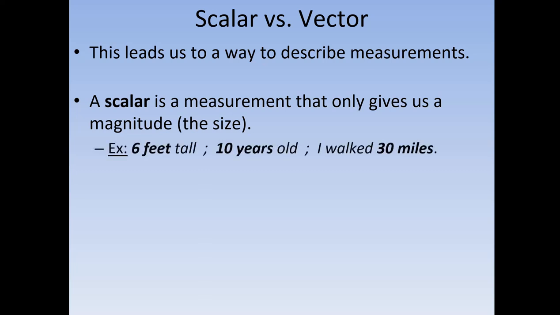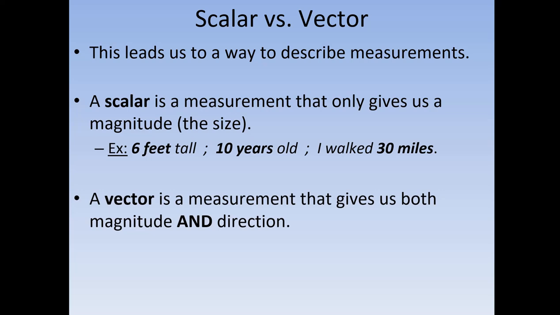Good examples of this would be your height, your age, distance, as we saw before. All of these are things that you wouldn't ever really add a direction to. Telling someone that you're 6 feet tall north doesn't really mean anything. Time is another perfect example of something where adding a direction to it doesn't really make much sense. It's a measurement that only has a value, and in many cases, really only ever goes up.